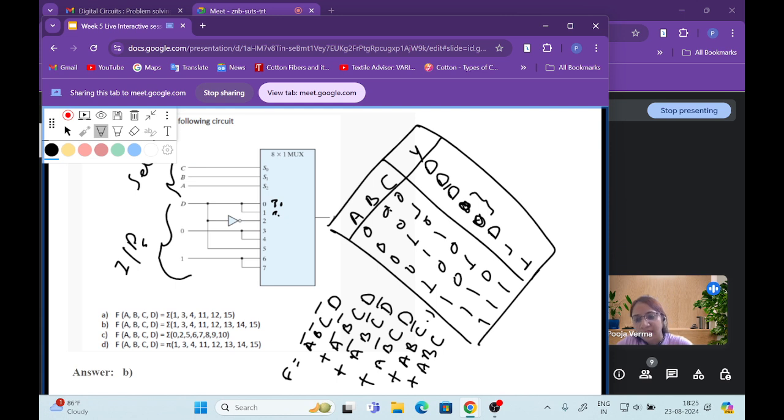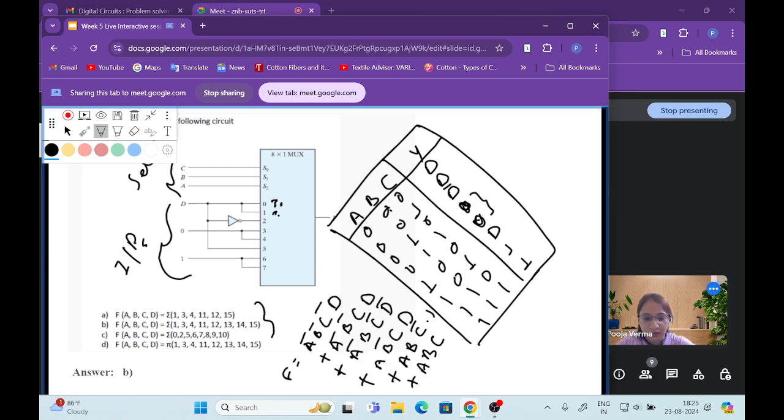Now here it is given in the form of min terms, right? So now we have to make a K map in order to find it out. We cannot directly write it from here because D is also an input and ABC is also an input or variable.